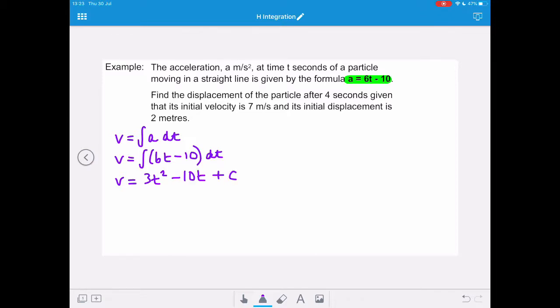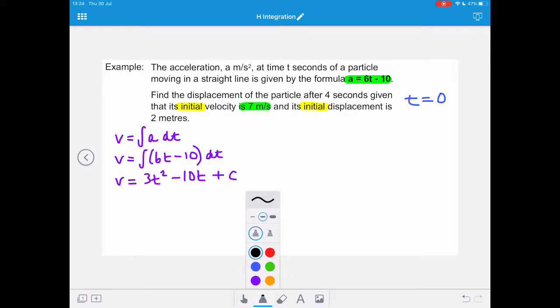Now we need to determine the value of c in order to get the formula for the velocity. The question gives us the initial velocity and the initial displacement, and initial means that t is equivalent to 0, so t equals 0. We also have a value for the initial velocity, which we can substitute in as the value for v, which is 7 meters per second.